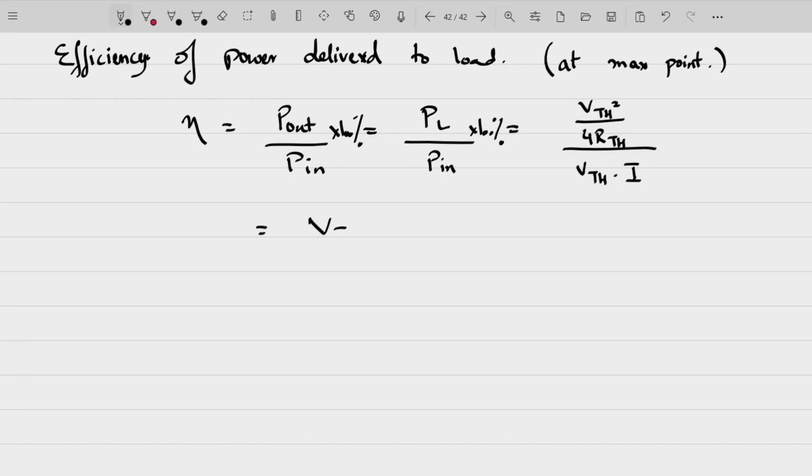So VTH square divided by 4 RTH, divided by VTH into I, where I is VTH divided by RTH plus RL. Since RTH and RL are the same, it becomes 2 RTH. So this is VTH square by 4 RTH divided by VTH square divided by 2 RTH. So this will be 1/2. Okay. So what is the efficiency of the system?